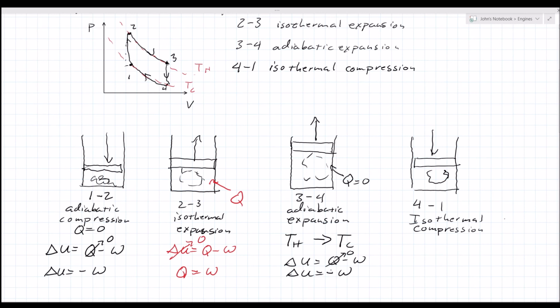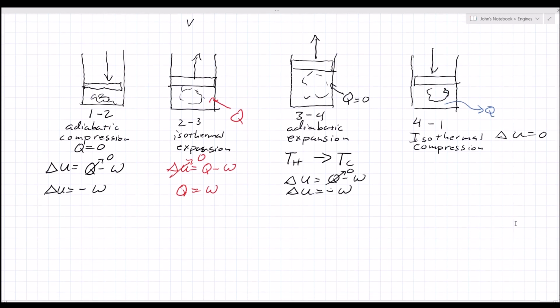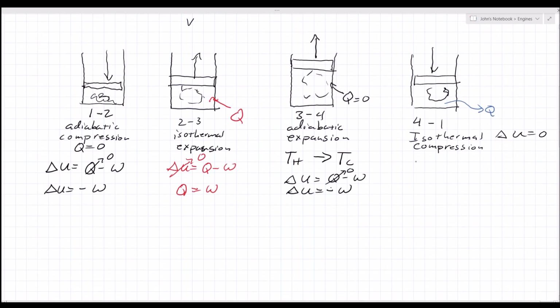Since it's isothermal, delta U is 0, and this is when heat is leaving the system, so I have Q out. First law: delta U is equal to Q minus work, isothermal, so no change in internal energy. Q is equal to work.